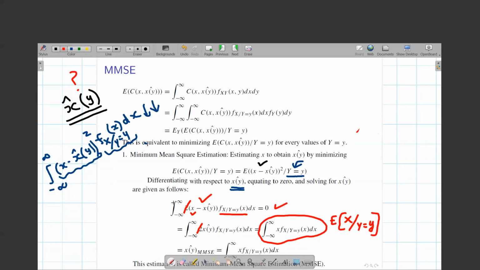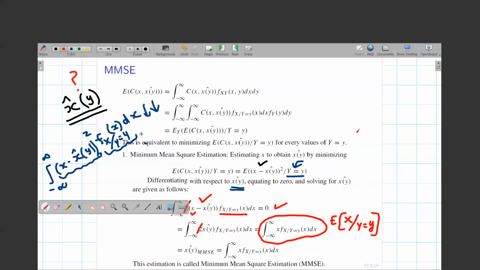In this case, you are fixing y. We take the integral over x only, because we are fixing this y. Don't get confused: even though we are using this density function, you are fixing the value of y given y equal to y, and the whole integration is with reference to x only.